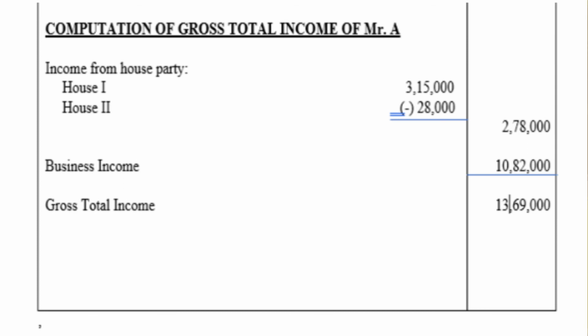So his income from house property comes to 2,78,000. His business income, or income from profits and gains of business or profession, is 10,82,000. So ultimately, we get the gross total income as 13,69,000.